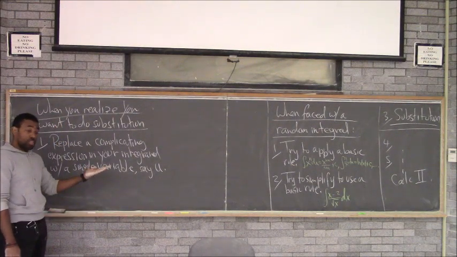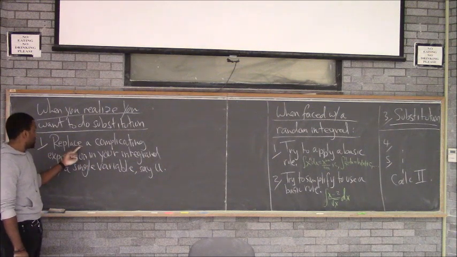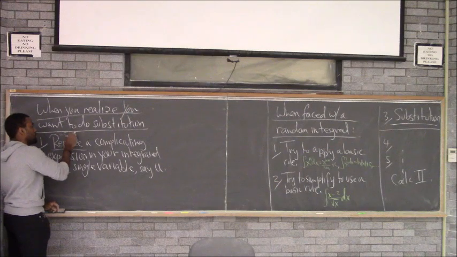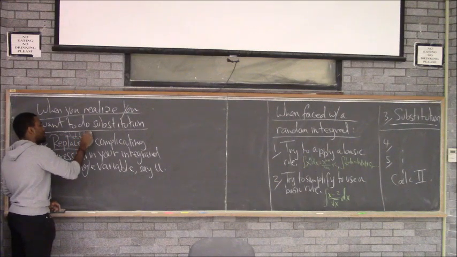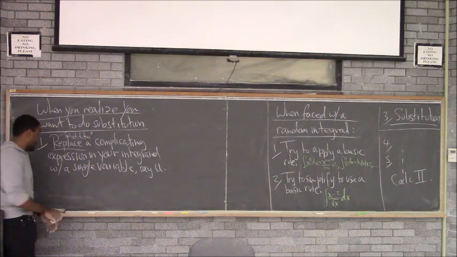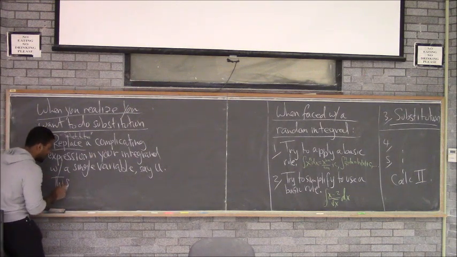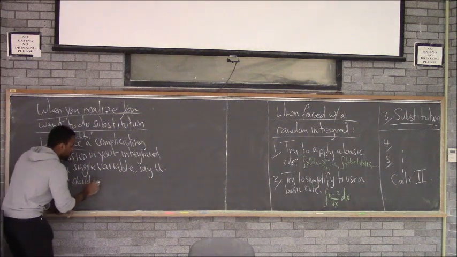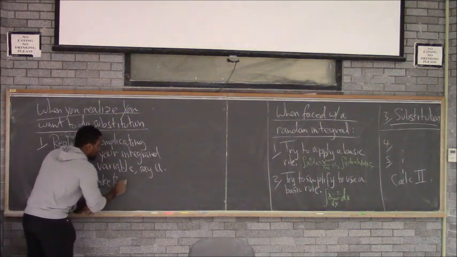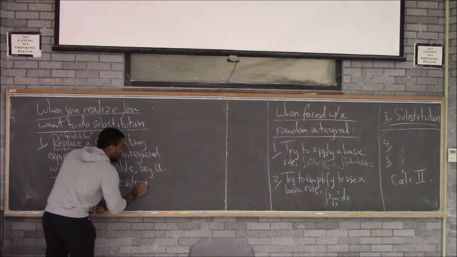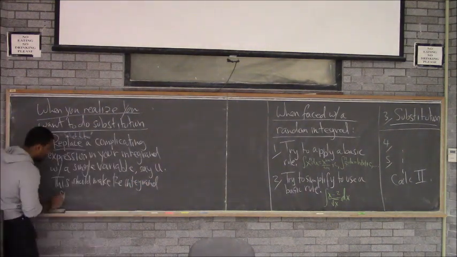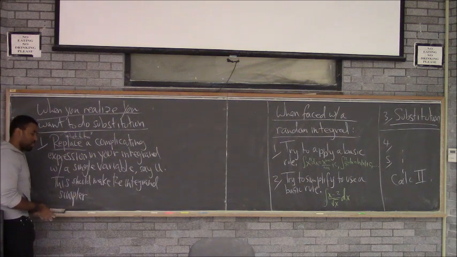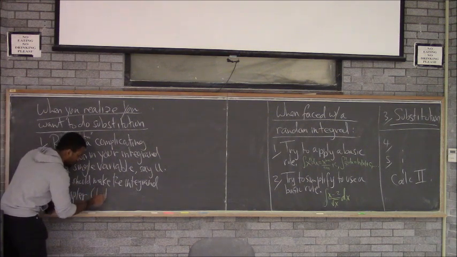So we're going to substitute, that's replace, aka substitute. We're going to substitute a complicating expression for a single variable, U. This should make the integrand simple, where simpler here has a very specific definition: looks like a basic rule.